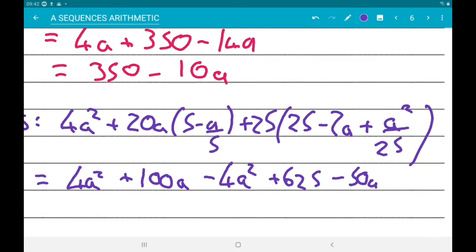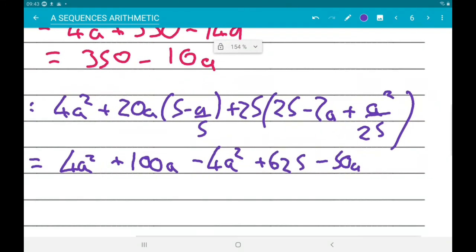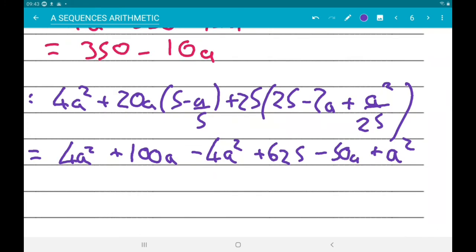And then 25 times a squared over 25 is just a squared. Alright, so we have 4a squared minus 4a squared, so they cancel.